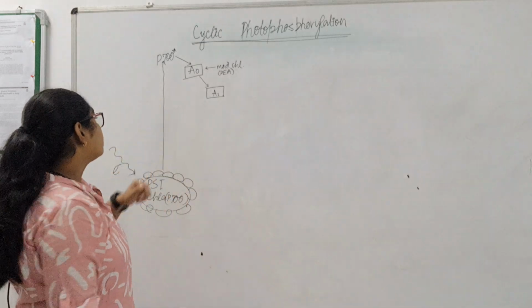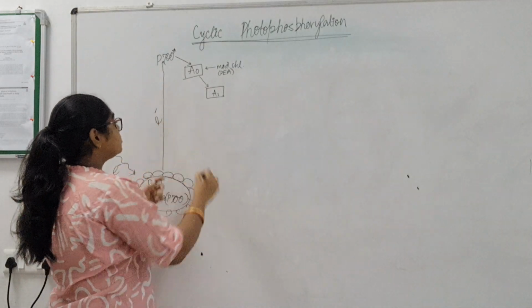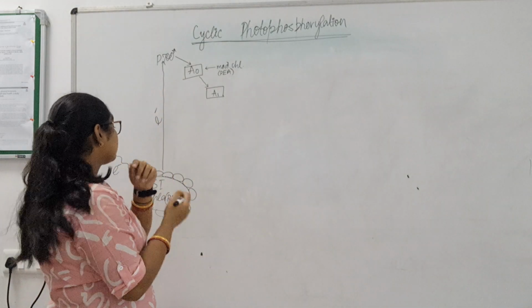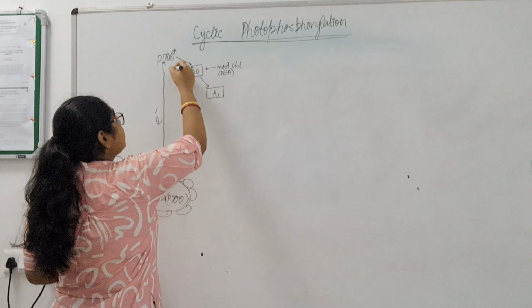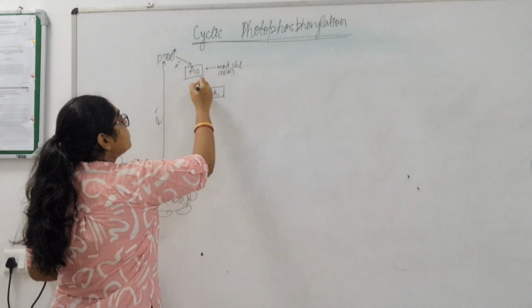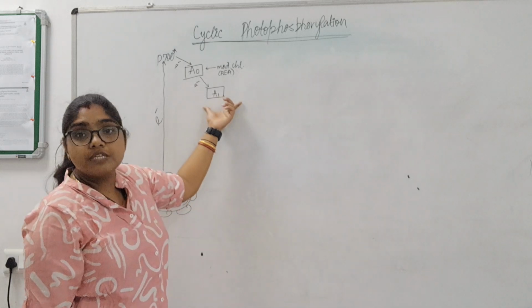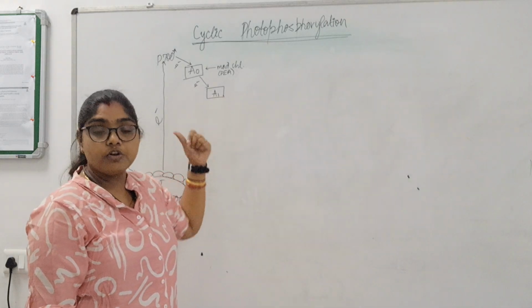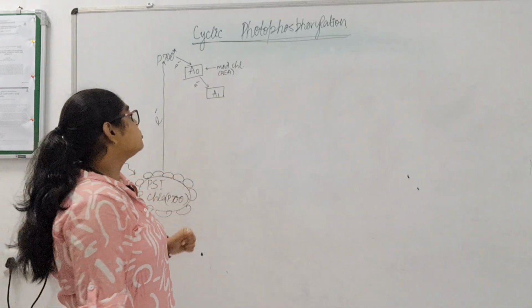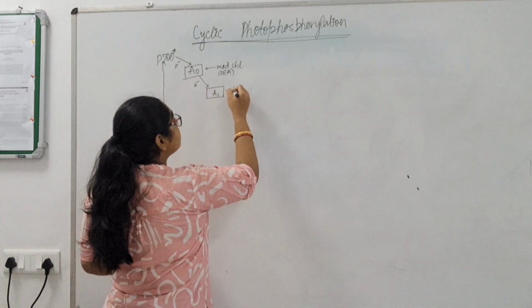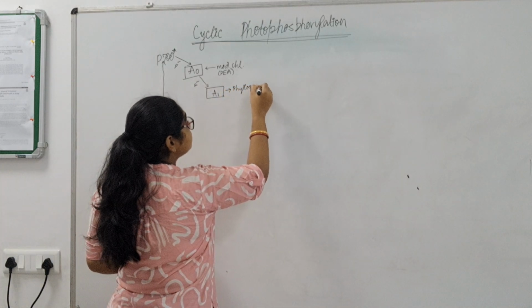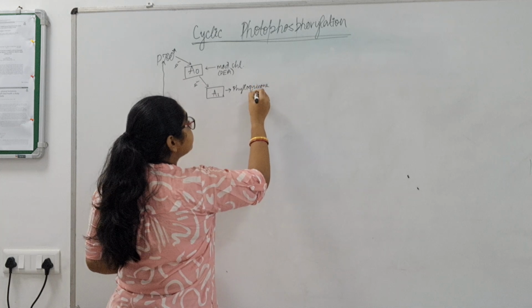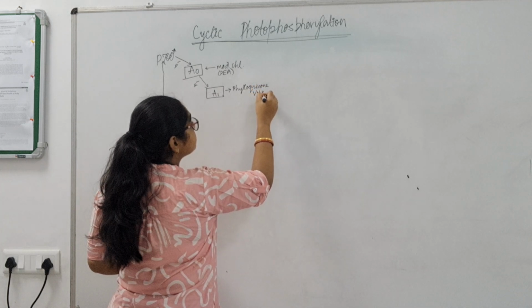So the electron goes to the modified chlorophyll, and then transfers to this phylloquinone, the active quinone of photosystem 1. It is also known as vitamin K1.